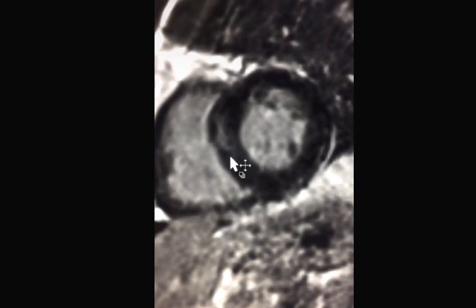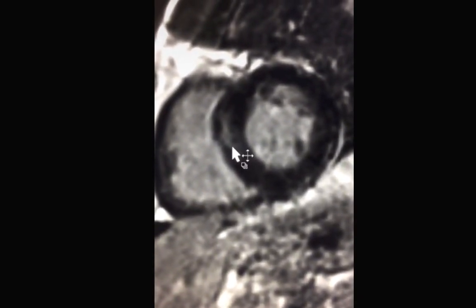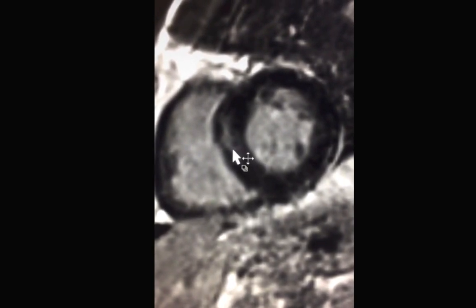MRI is a great technique in differentiating both. If it's ischemic, it involves the endocardium in a vascular distribution. If it's non-ischemic, it may spare the endocardium and or involve a non-vascular distribution. When you have multifocal patchy non-ischemic enhancement, think about myocarditis and sarcoidosis as two good possibilities.